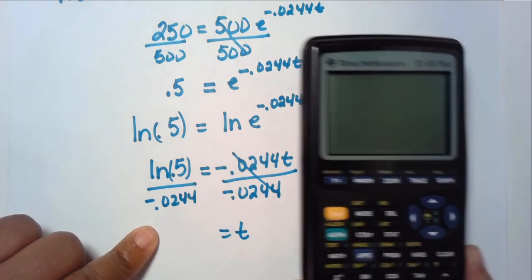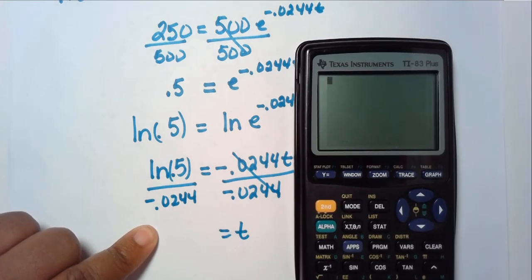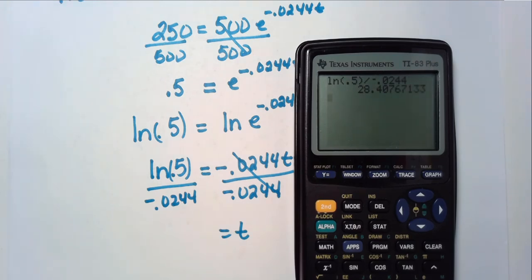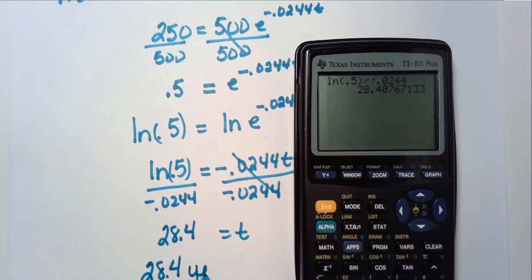So let's go ahead and type this into the calculator. ln of 0.5 divided by negative 0.0244. So we have 28.40767133. Round to the nearest tenth, we have 28.4. So the half-life of strontium 90 is about 28.4 years.